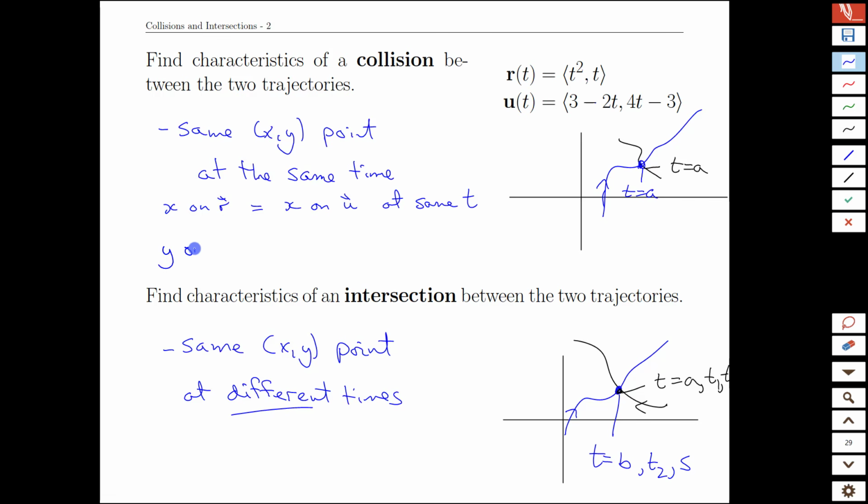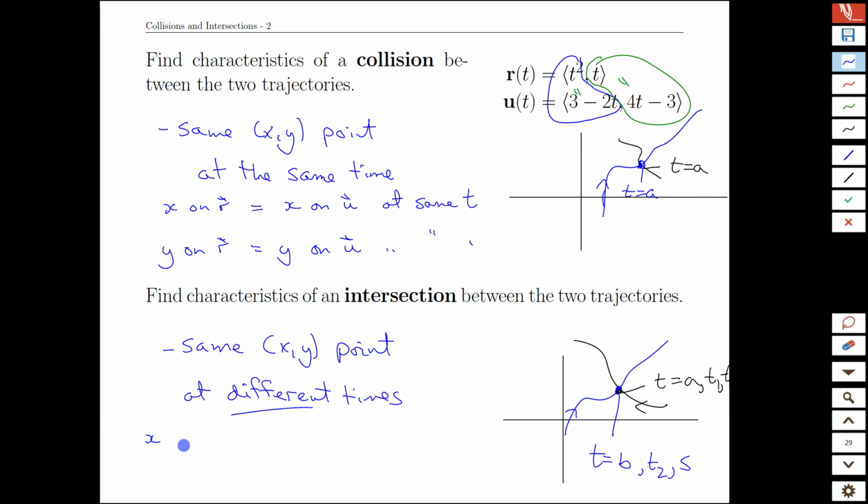The other part, of course, is that our y coordinates would also have to match. And it's just really easy to sort of mix and match these accidentally, but we want the x coordinates to be the same on the different paths. So it's going to be these two things here have to equal each other. And then the y coordinates have to be equal to each other as well to have a collision, and at the same t. So all of these have to work together.